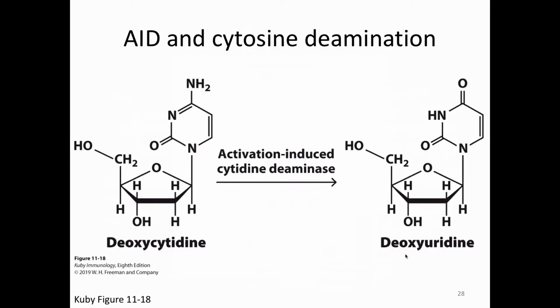An enzyme was discovered known as activation-induced cytidine deaminase. It's listed right there on top of that arrow. If you look at the words activation-induced cytidine deaminase, you might come up with an abbreviation. What abbreviation would you like to use here?